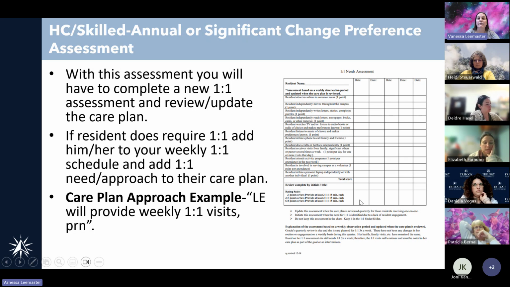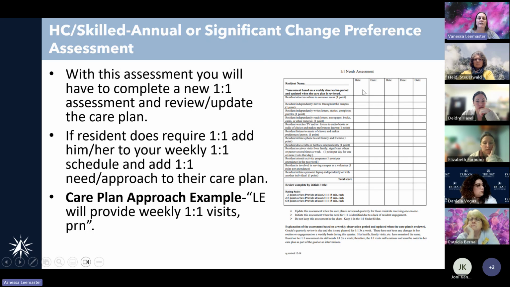Well, now I have maybe a significant change evaluation that MDS has on the schedule. I'm now a significant change, and you're going to do this today, let's say March, you're going to put today's date and evaluate me again. So every time there's a comprehensive evaluation on your schedule, an annual, a quarterly, or significant change, you're going to reevaluate this person.